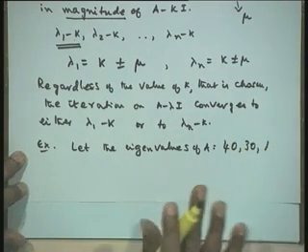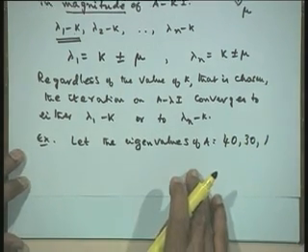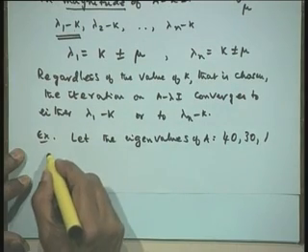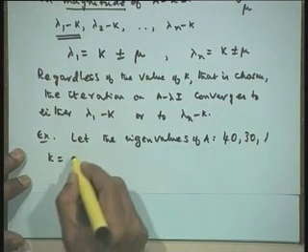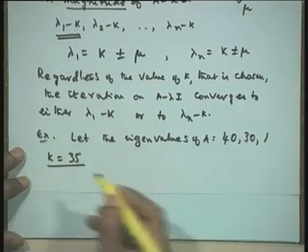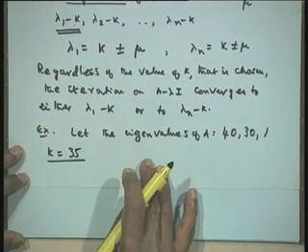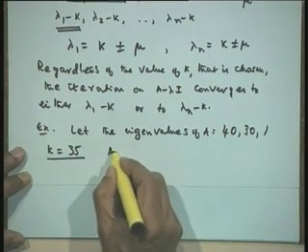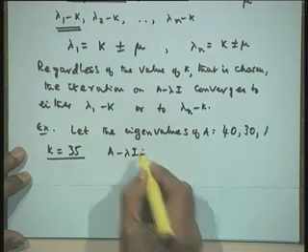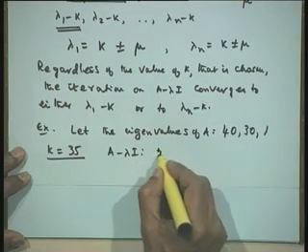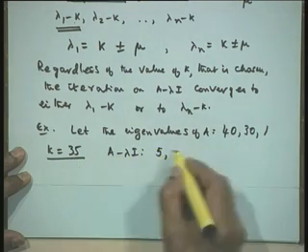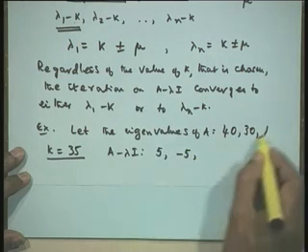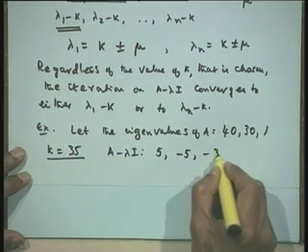So, these are the eigenvalues of the given matrix. Let me choose k as 35. Therefore, the eigenvalues of A minus k I would be 40 minus 35, that is 5, 30 minus 35, that is minus 5, 1 minus 35, that is minus 34.